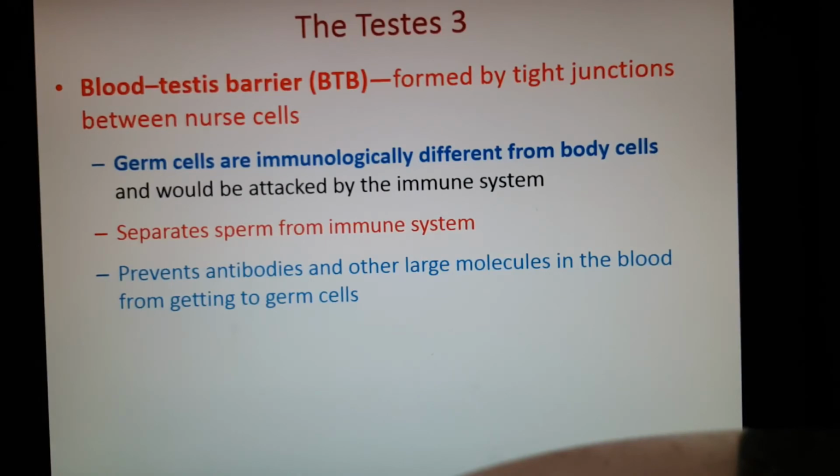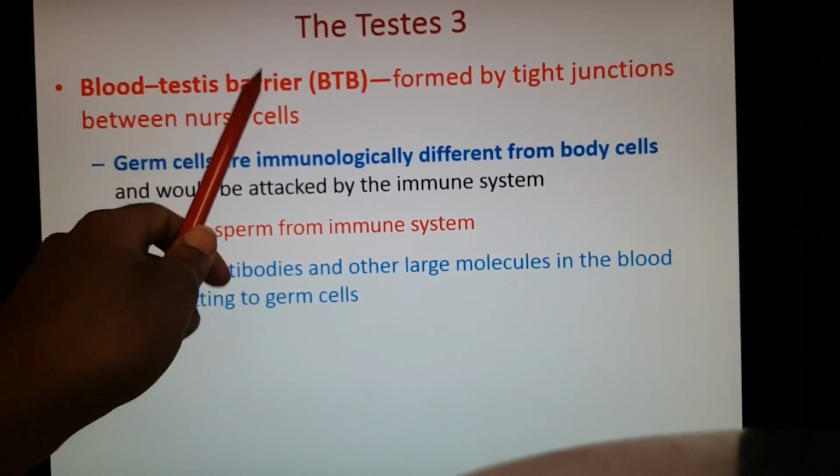Okay, so I just said that, and here's the slide that needs it. Those tight junctions in between the nurse cells form what's called the blood-testes barrier.